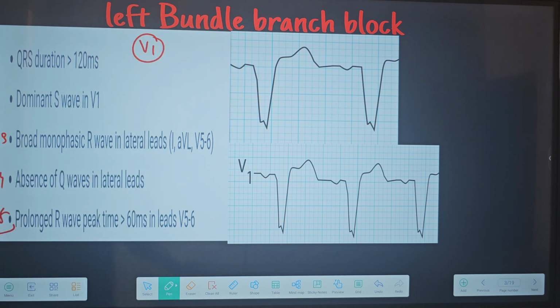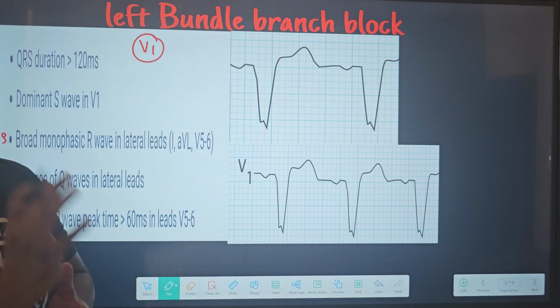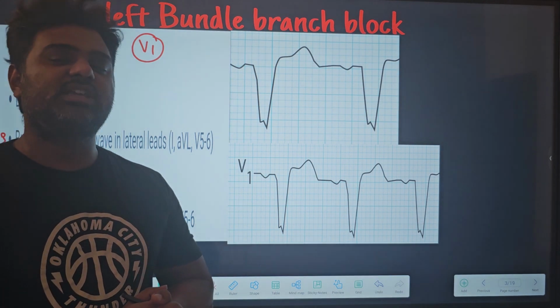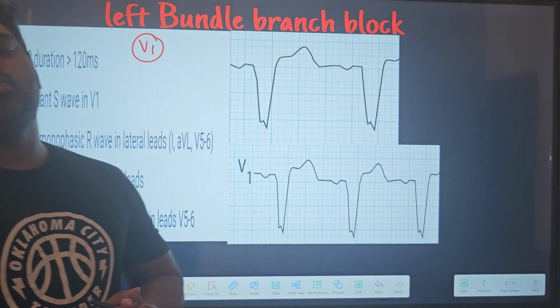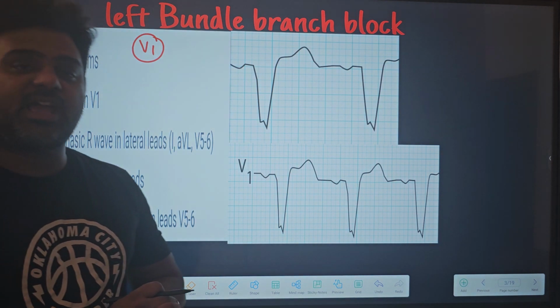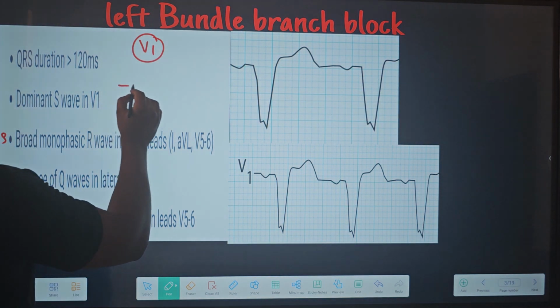In lead V1, now understand it very clearly. You will see a deep S wave, and the R wave is so small that most of the time it is not visible, and you can mistake that S wave to be a Q wave.